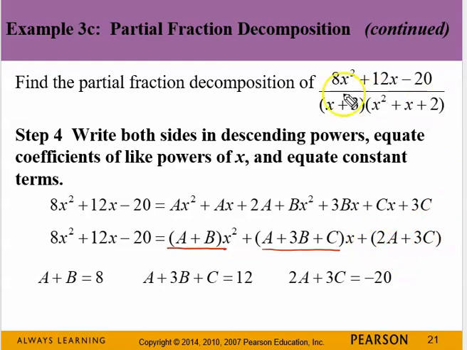So as part of our decomposition now, our coefficient of x squared, which was our a term, was 8. So a plus b is 8. That would be one equation. And then this term, 12x, which was our b term here, a plus 3b plus c is going to equal this.